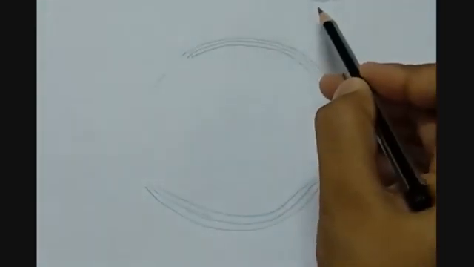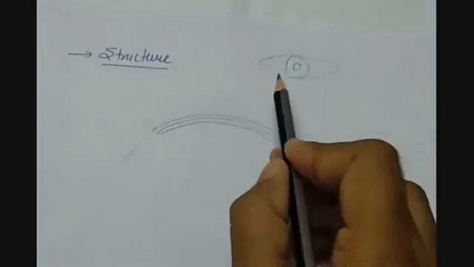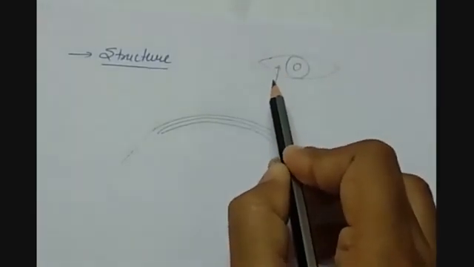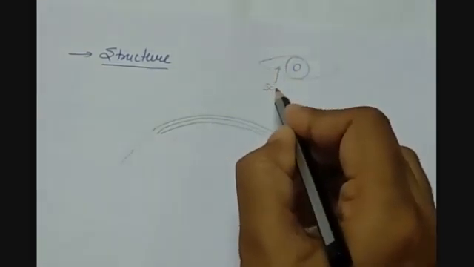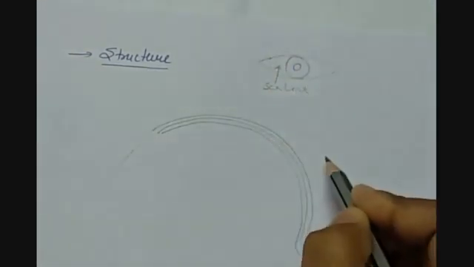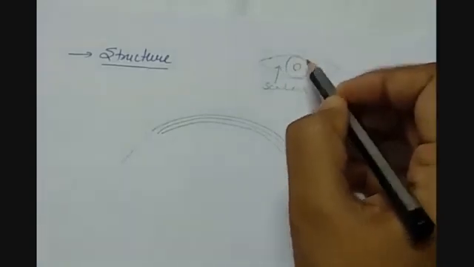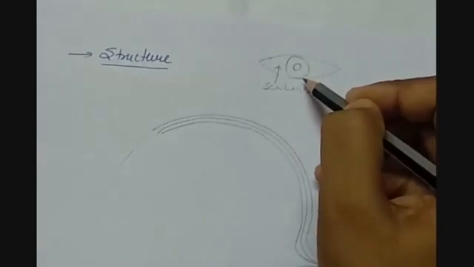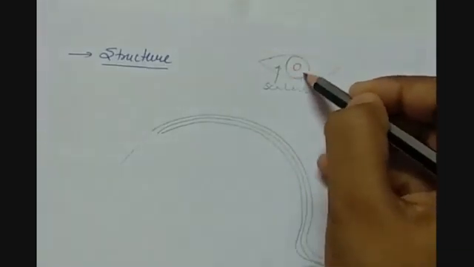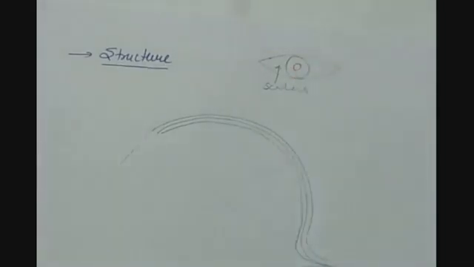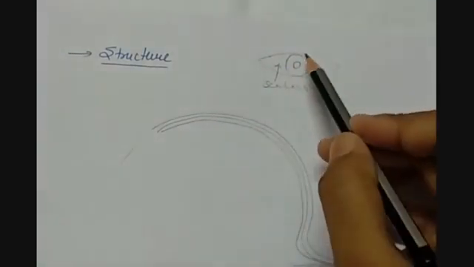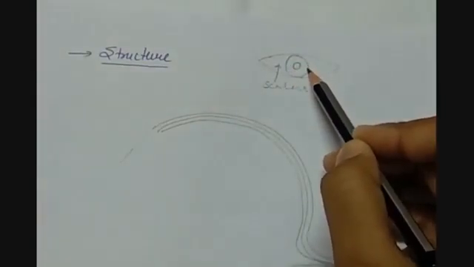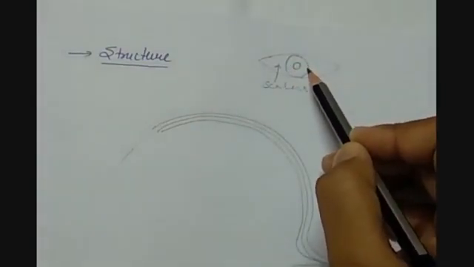So eye is having, here you can see that this is the white portion that we see. This is the outermost layer of our eye, which is called sclera. This black portion is having a bulging out transparent lens over it, or you can say a very thin transparent membrane is there on this black portion, which is called cornea.